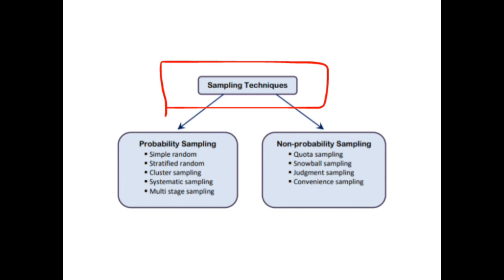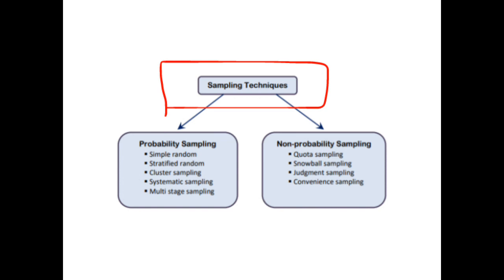During a research, a time comes where a researcher needs to collect information or data from the study population. Now, for a large population, it is almost impossible to collect data from every individual in the study population.